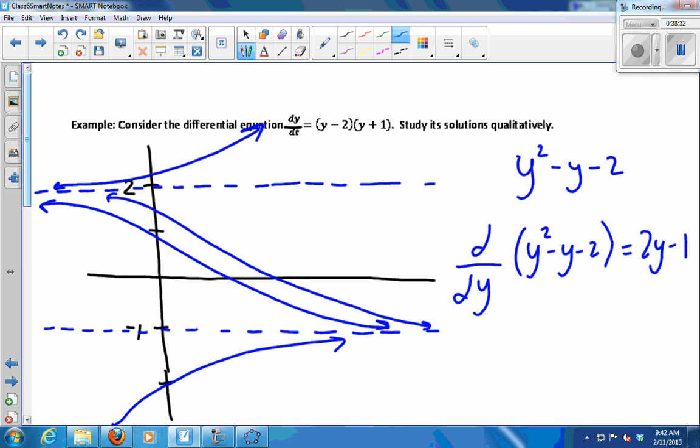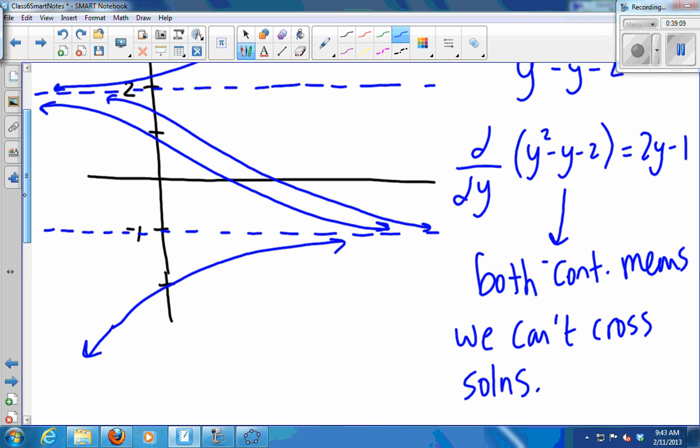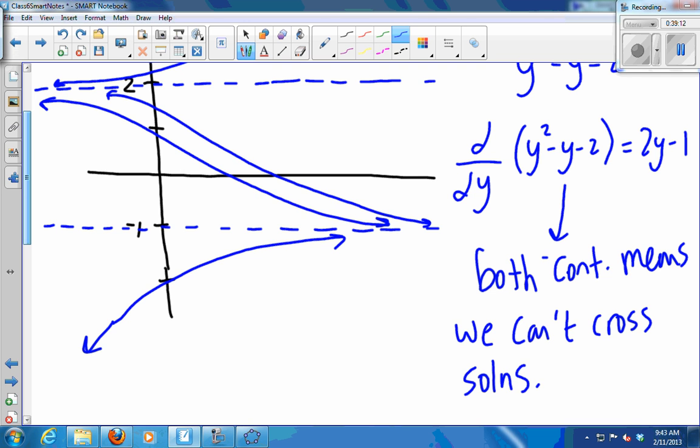Continuous means I have existence and I have uniqueness, and uniqueness means you can't cross equilibrium solutions. That make sense?